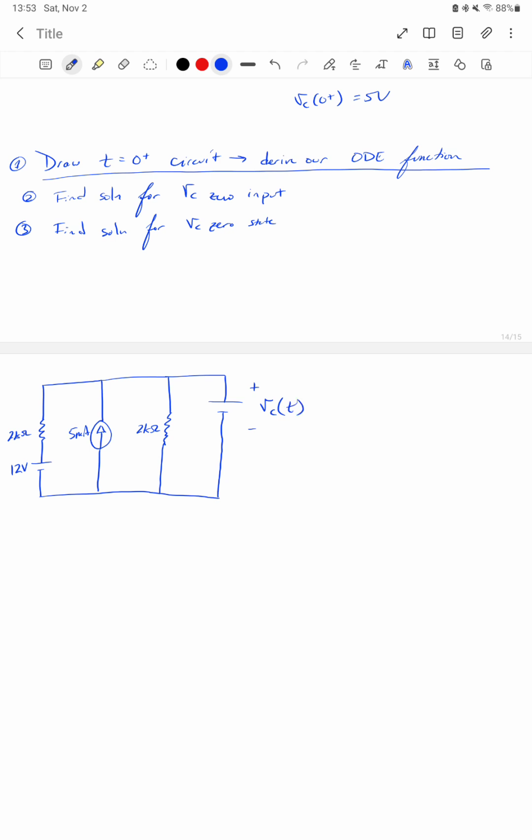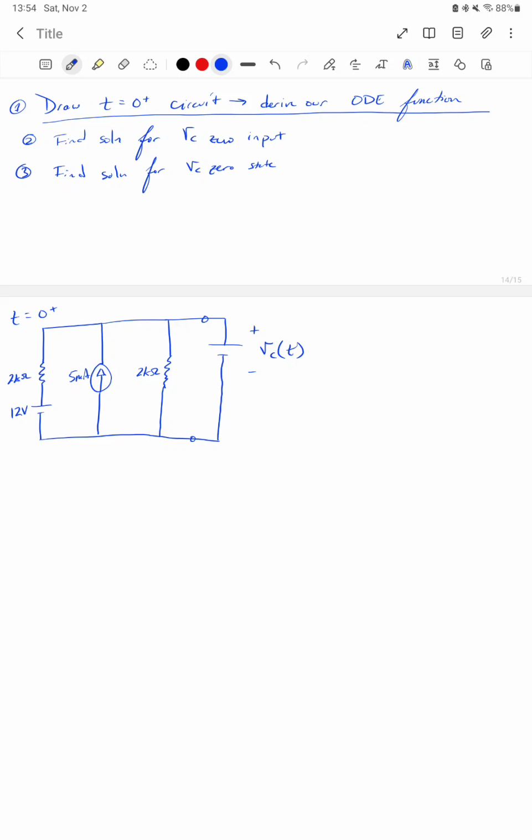So this is what our T greater than 0, T equal to 0 plus circuit is going to look like. Once again, we're going to need to find a few values, and we can still cut this off and figure out what our equivalents are for this circuit.